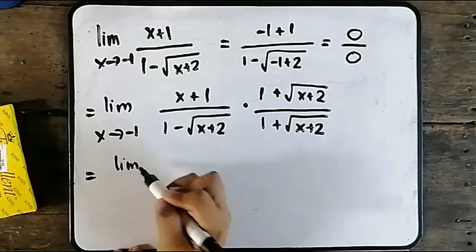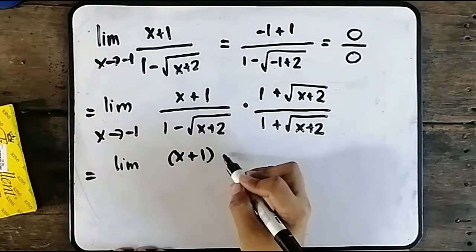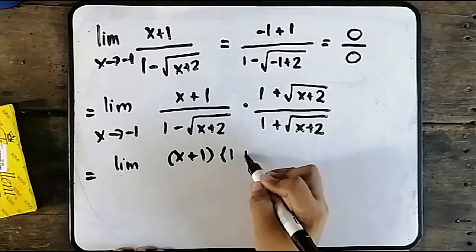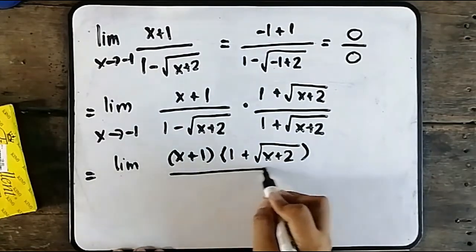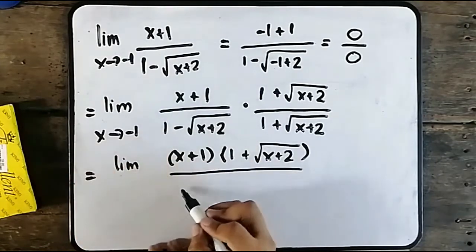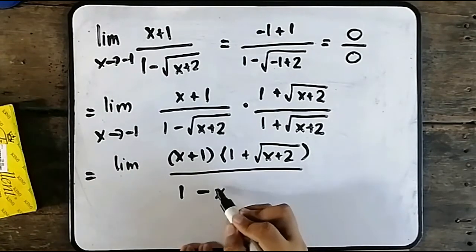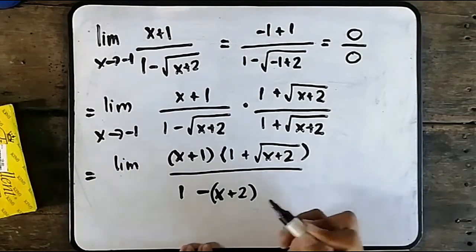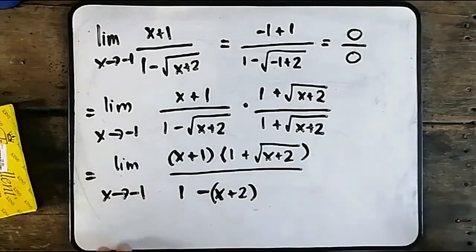This becomes now the limit of x plus 1 times 1 plus the square root of x plus 2 all over, so we have 1 times 1 is 1 minus, we square this, so we have x plus 2 as x approaches negative 1.